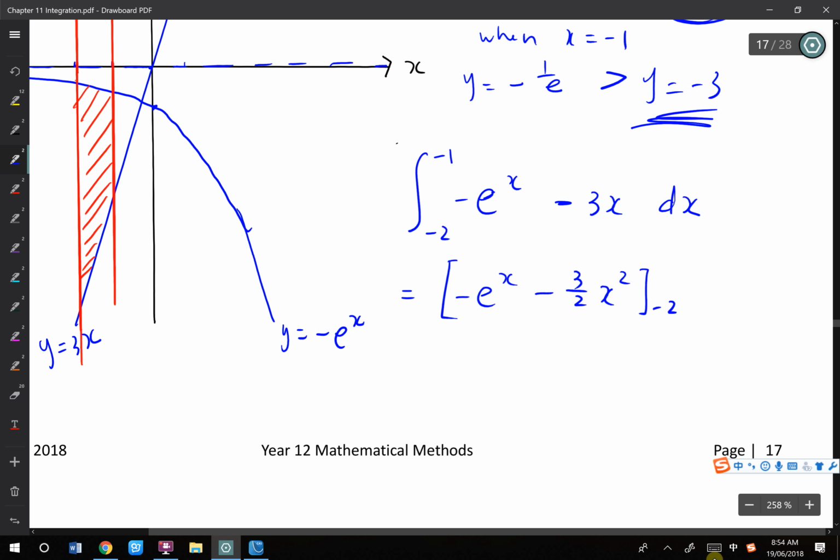Put -2 and -1 in. When I put -1, I have that minus 3 over 2. And then minus, -2 minus 3 over 2 times 4.